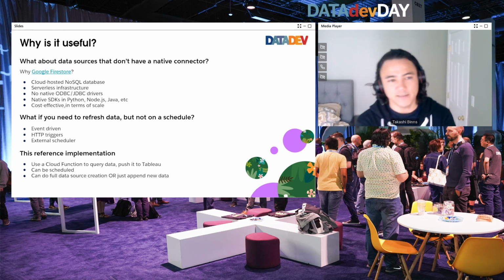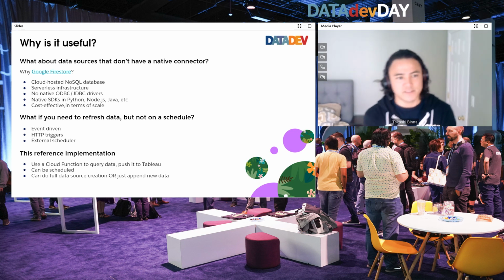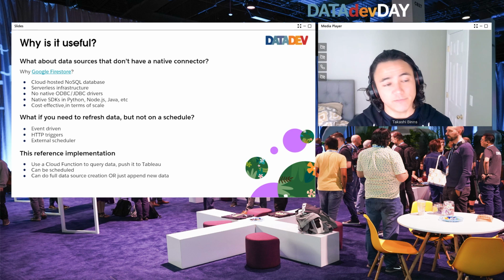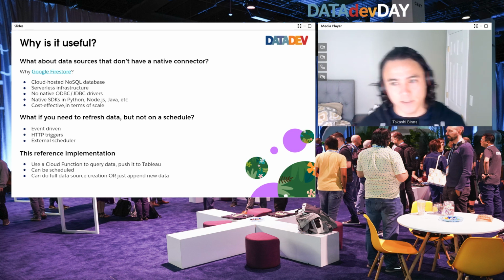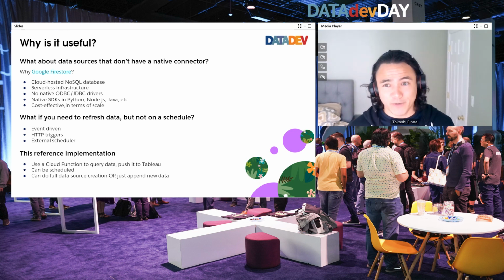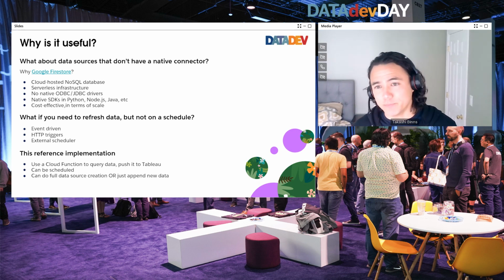So even selecting that generic ODBC, generic JDBC, that wouldn't work if you're connecting to data in Firestore. They do have APIs or SDKs really, but they're in Python, Node.js, Java, things like that. So in our case, it'd be really great if we had a way to take the data from Firestore and just push it to Tableau.